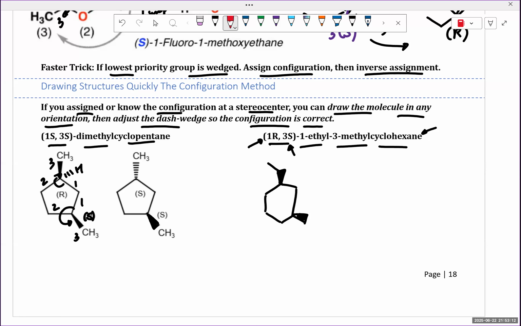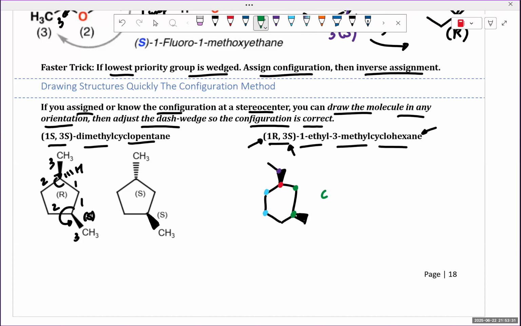First and foremost, looking at this center, we have a tie initially. So let's break that tie. These carbons all look the same, so let's count one carbon out.